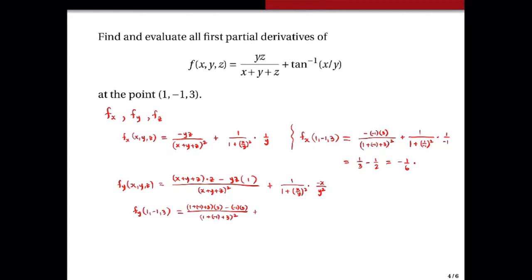Then here we will have plus 1 over 1 plus 1 over negative 1 squared times negative 1 over negative 1 squared.